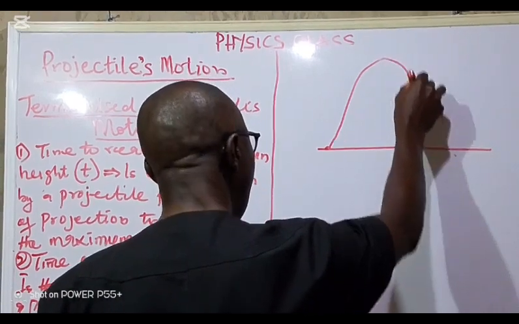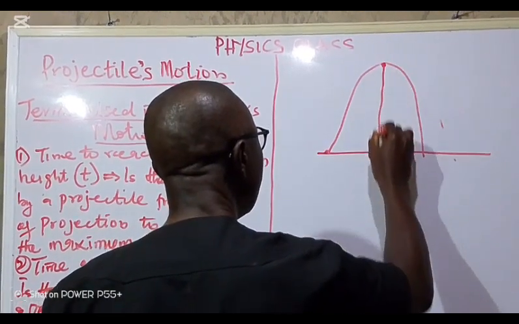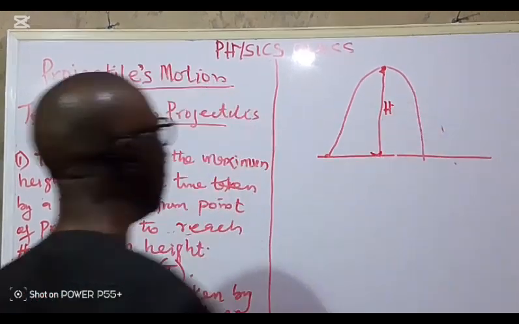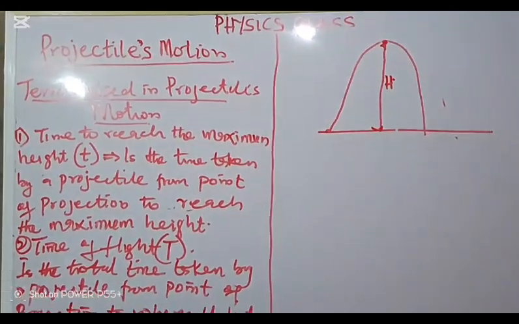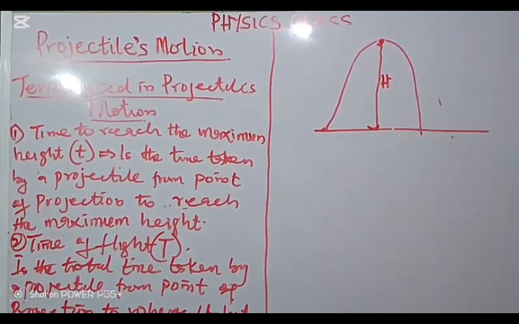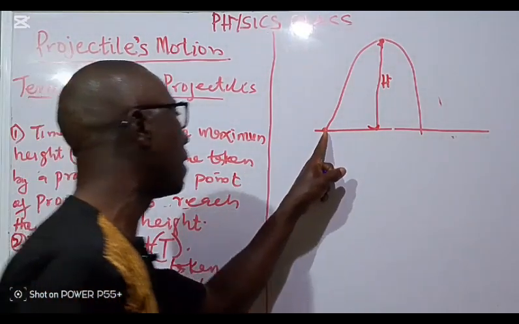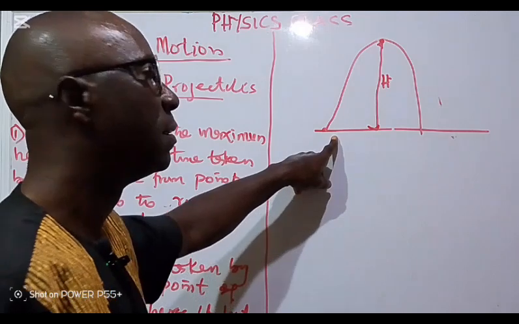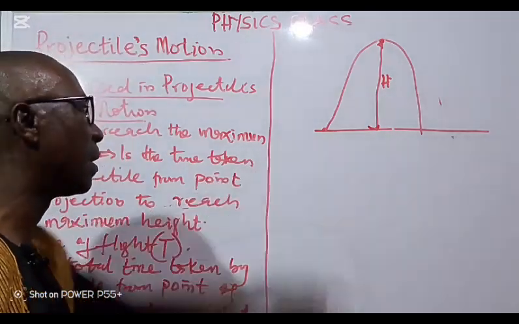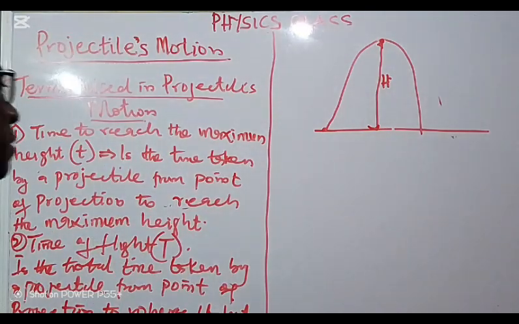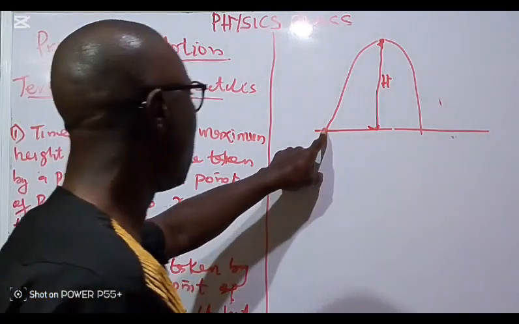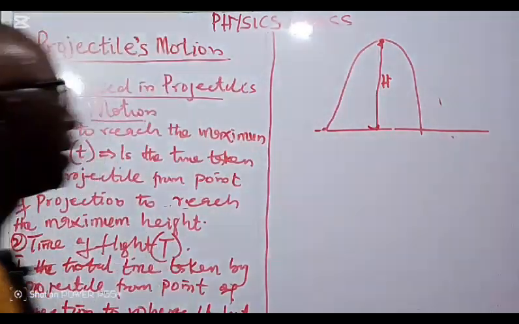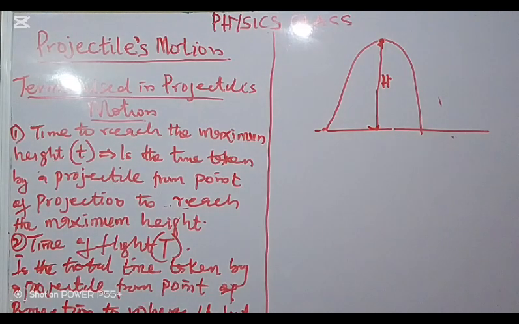So from here to here is the maximum height. That is, the vertical displacement, or the maximum vertical displacement attained by a projectile, is what is meant by maximum height. Let's write it.